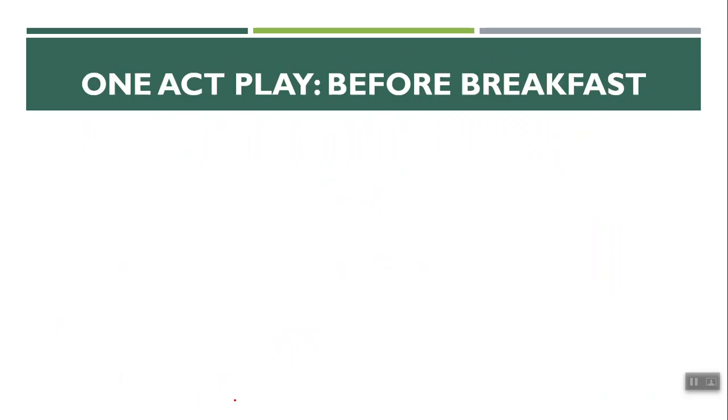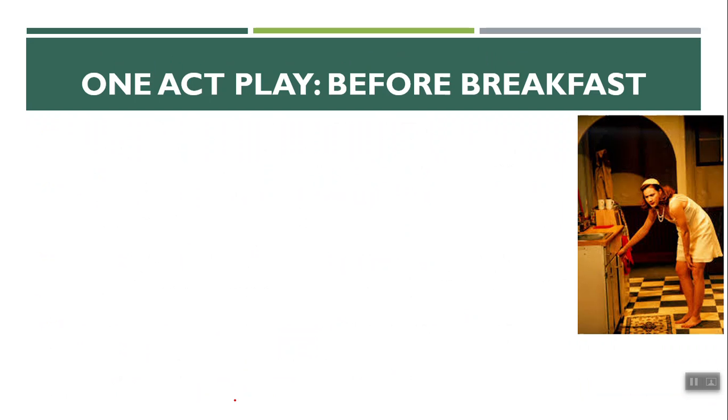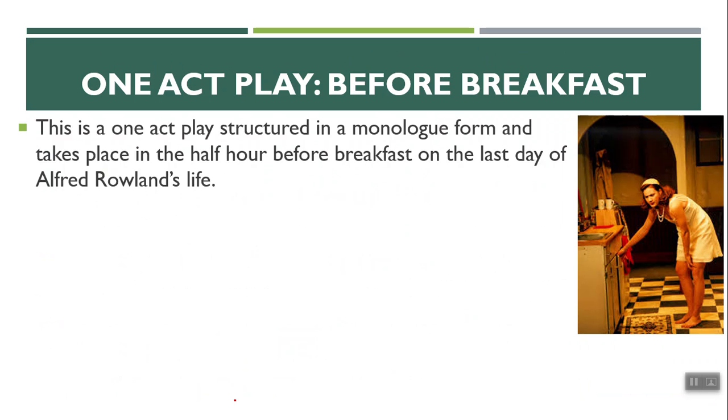The other one-act play you're going to read is called Before Breakfast. Now, this is in our tragedy unit for drama. This is a picture from a stage version of this play. The one-act play is structured in a monologue form. So it's one woman talking. It's sort of possibly a soliloquy, I guess you could say, because there's nobody else on stage, but she's supposed to be talking to her husband who's off stage.